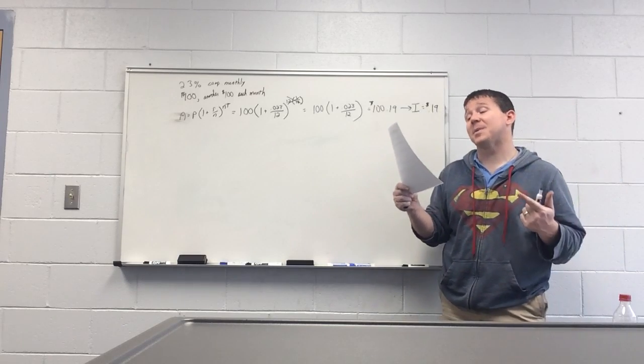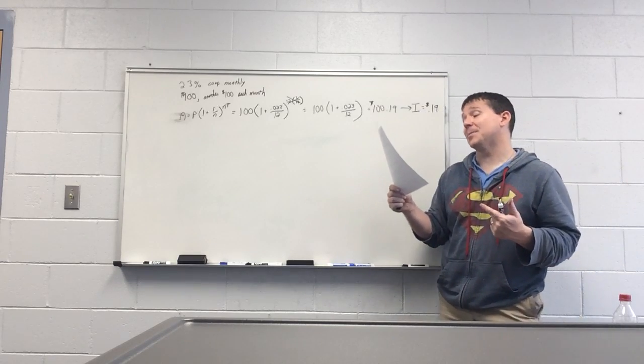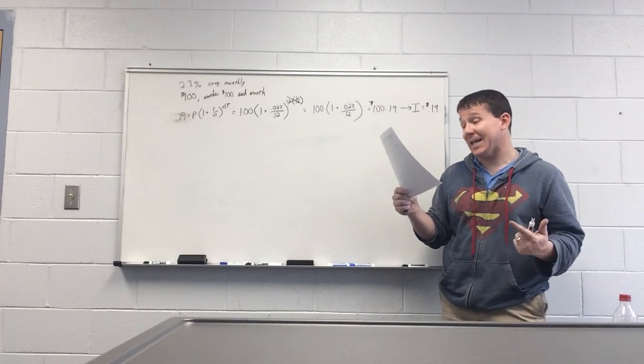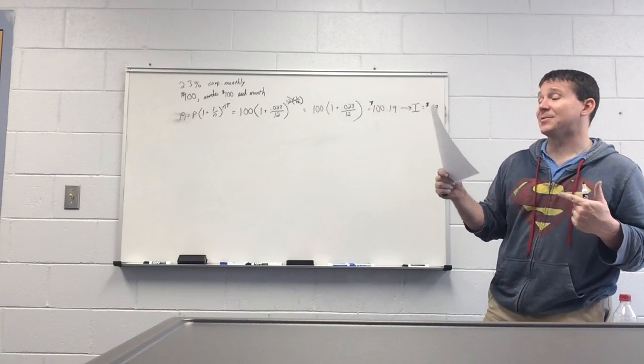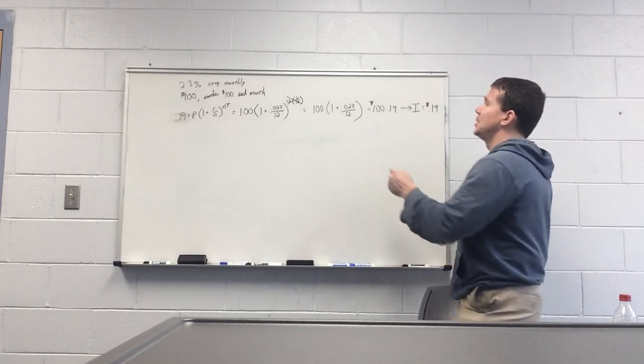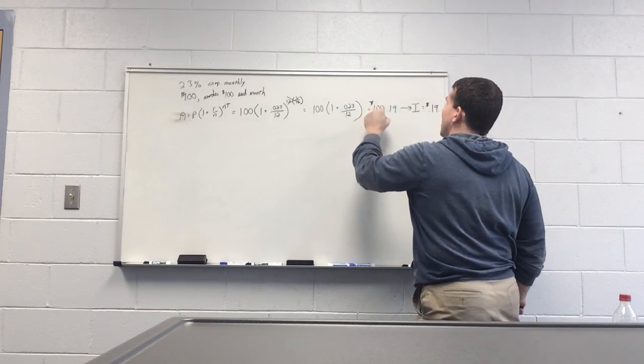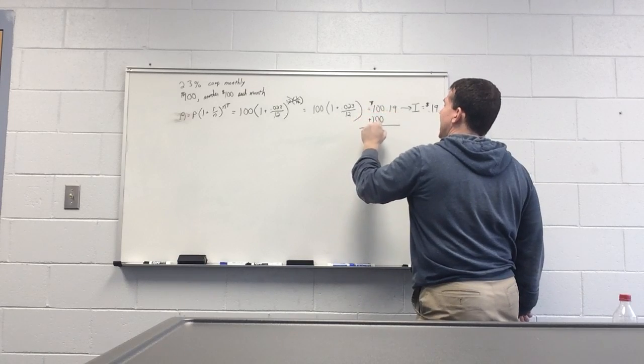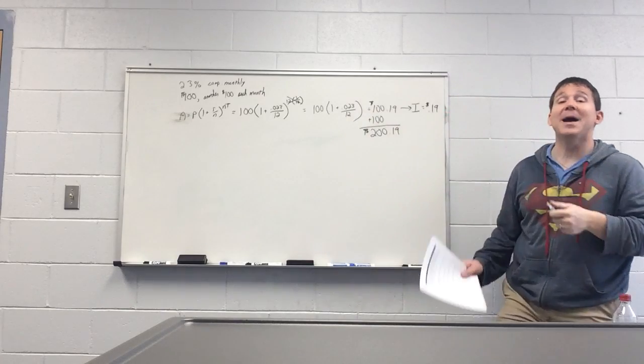Since Joey, this is part D, since Joey makes a deposit of $100 at the start of the second month, what is the balance after that deposit is made? Well, I have this much, but then I'm going to deposit another $100, and I'll get $200.19. That's my new balance right here.